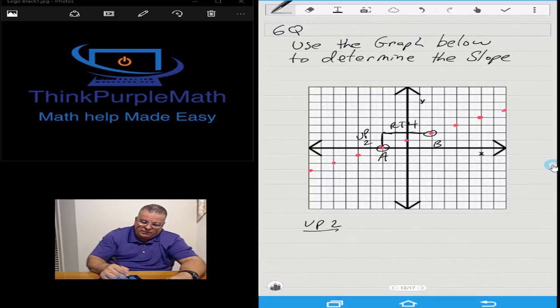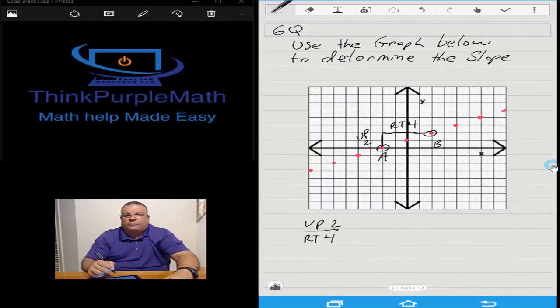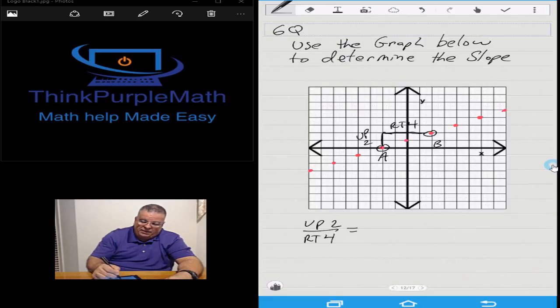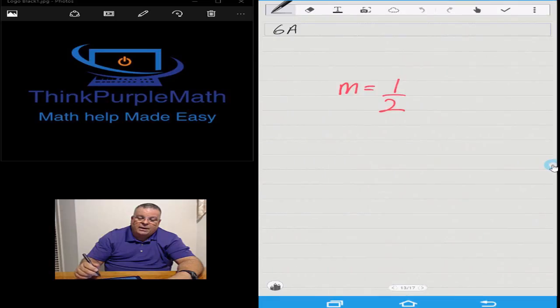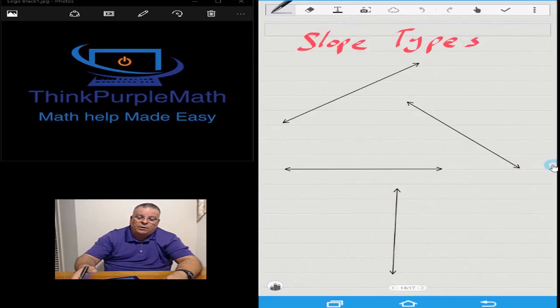So up 2 and right 4. I'm going to note that. You go up, it's positive, and the right is also positive. So 2/4, positive 1/2. So the slope of the line represented by the red points is 1/2. And that's using the counting method. You don't always have that option, but if you do, use it.